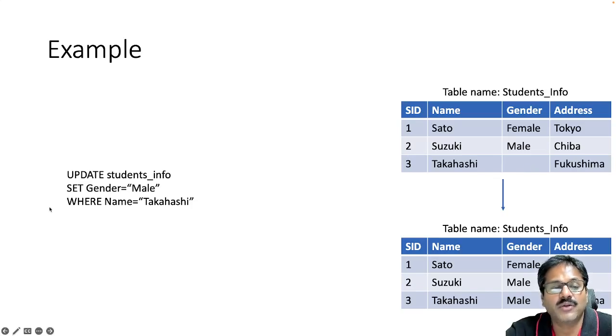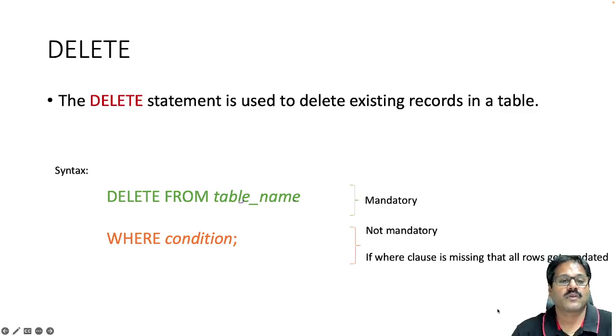So what I do is update students info, that is the table name, set gender equal to male, where username is Takahashi. Once I specify it, the third row containing the user Takahashi will have male as the gender.